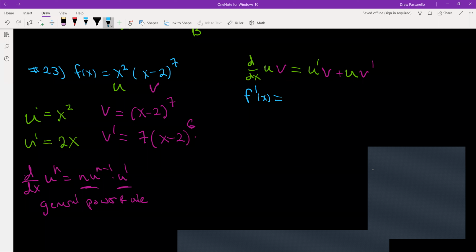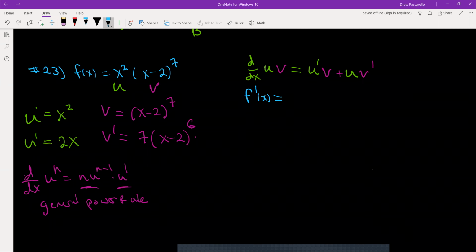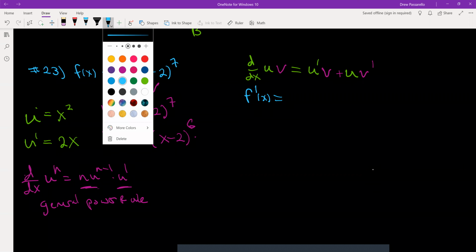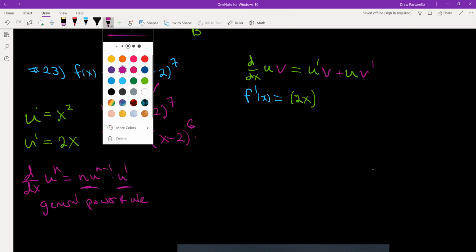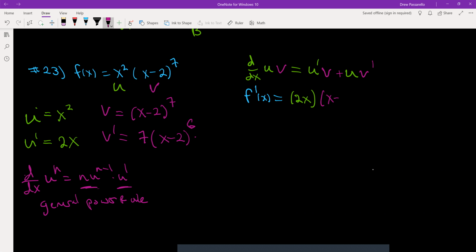All right, so I paused the video so I could write the product rule over again, but this way it's color coordinated to what we have. So u prime times v. U prime is 2x, so it'll be 2x times, and then v in this case is x minus 2 to the 7th. Then plus u times v prime.